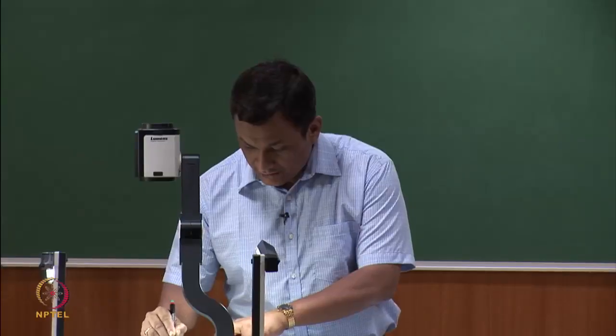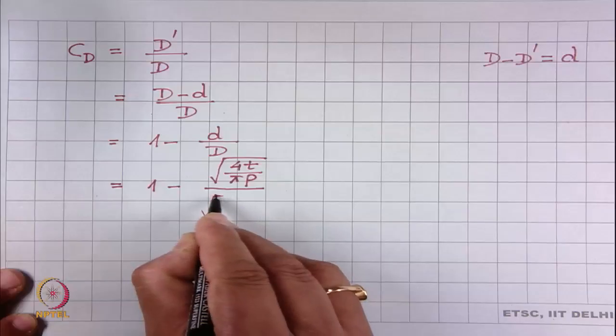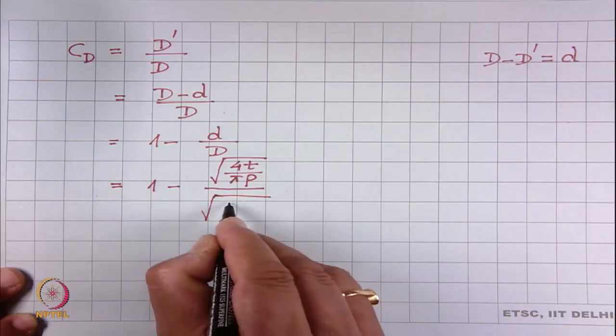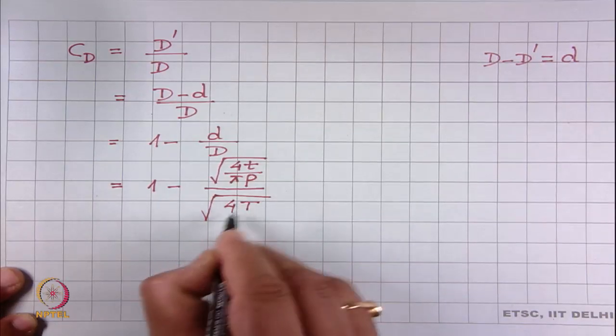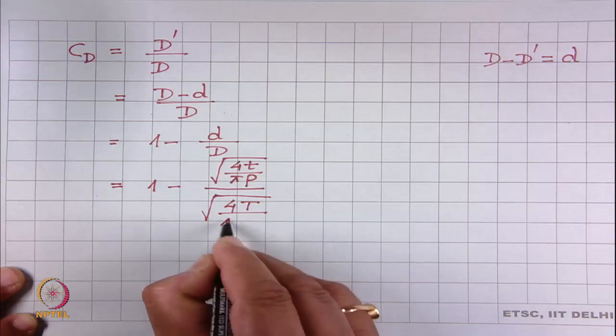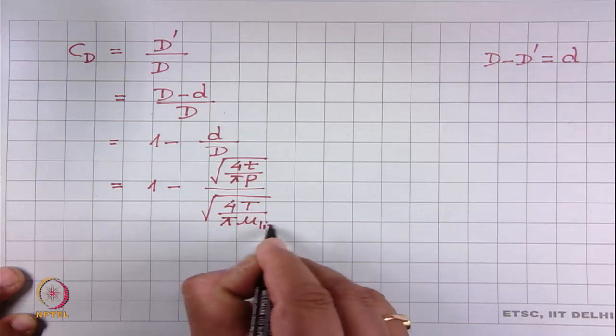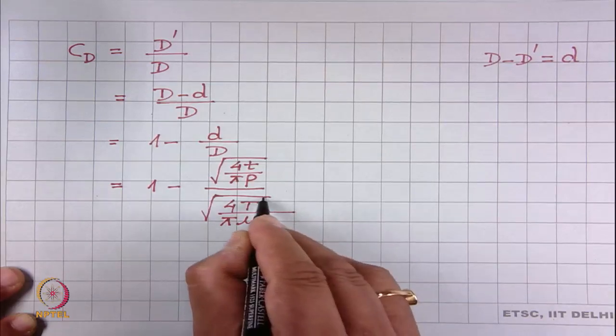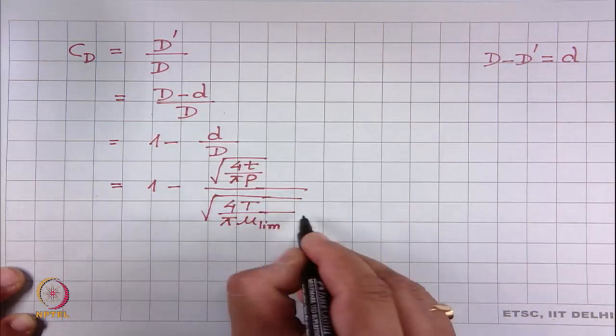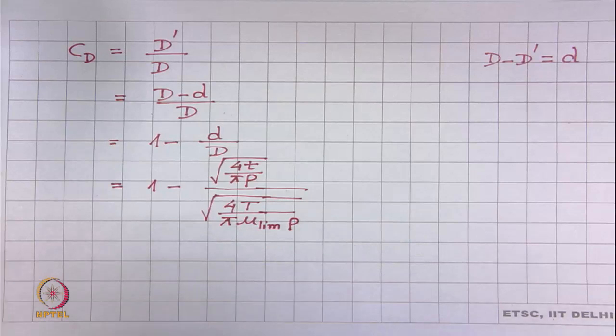Capital D also we learned in module 2: square root of 4 times capital T by pi mu limit, because it is theoretical limit structure, into rho.